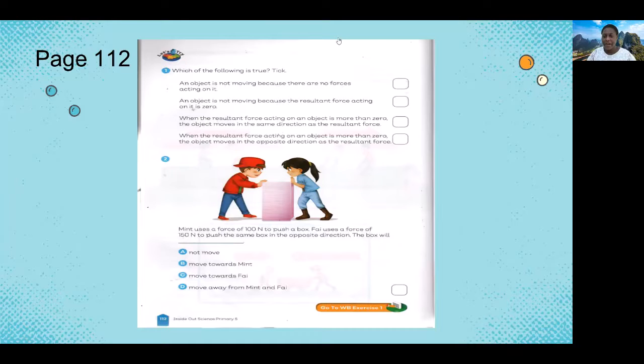Let's think. An object is not moving. Why? Because there are no forces acting on it. What do you think, students, that statement? Is it true or false?